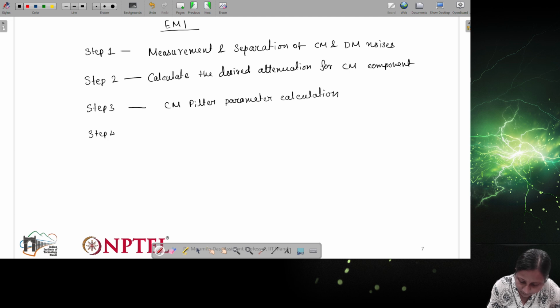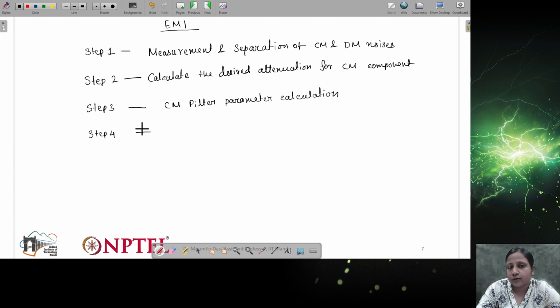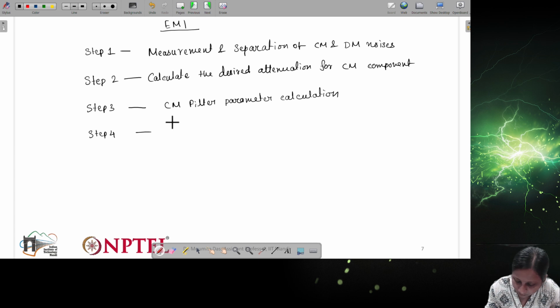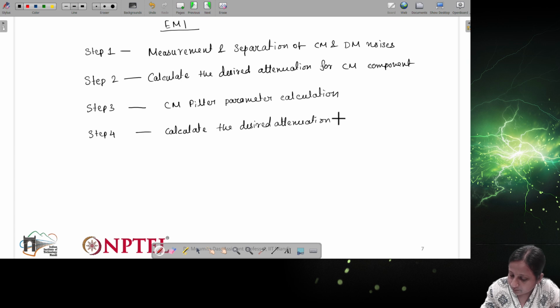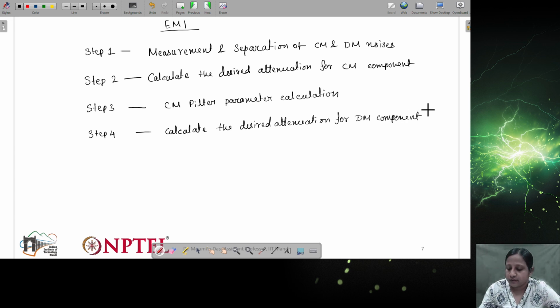Now step 3 is for the CM part. Step 4 will be, now we have to check for DM as well, right? Similarly, calculate the desired attenuation for the DM component, similar to step 2 but for DM.